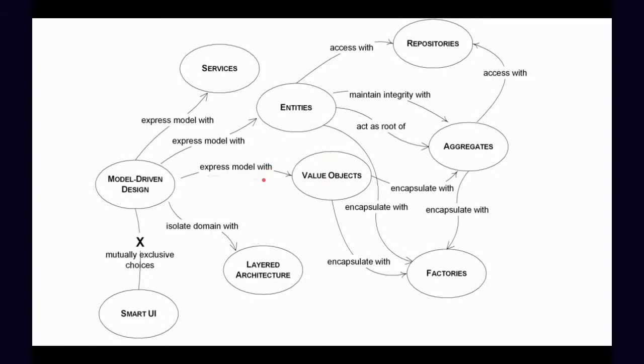We need to express our model with object values, and here model means domain modeling in domain-driven design, a set of features which needs to be modelized and idealized as to how it will perform. Express the model with entities or object values and access these entities with the repository design pattern.